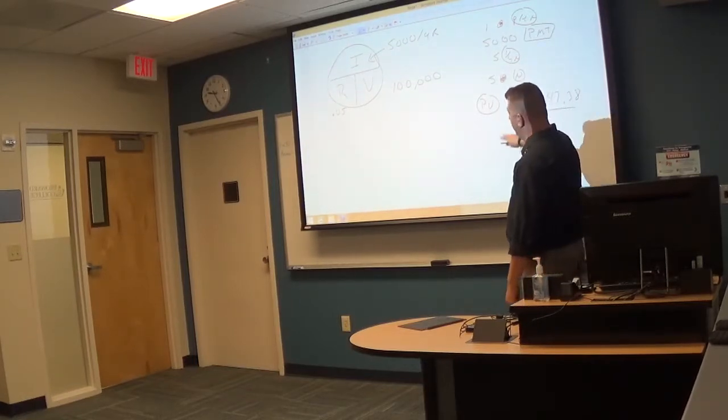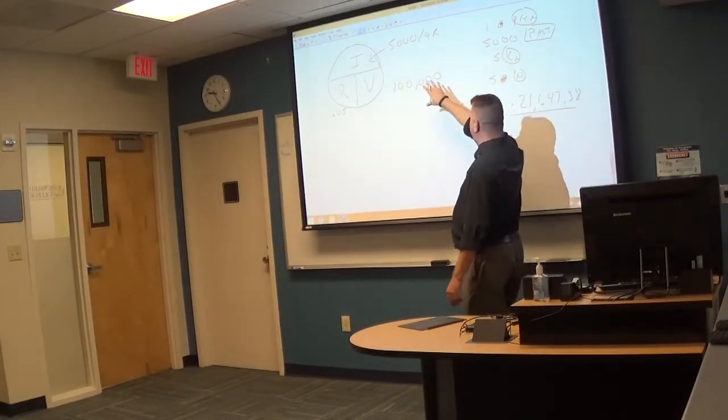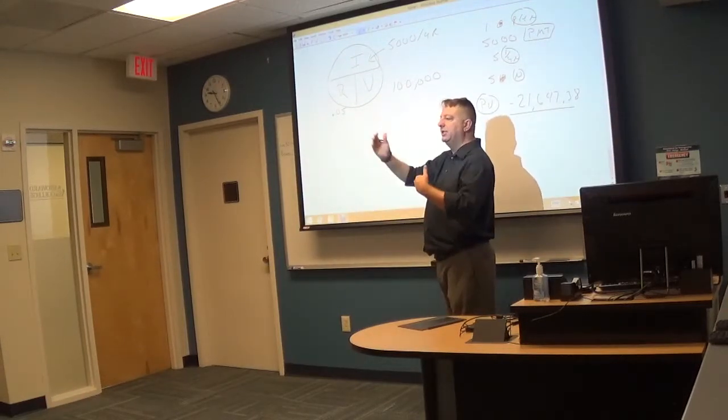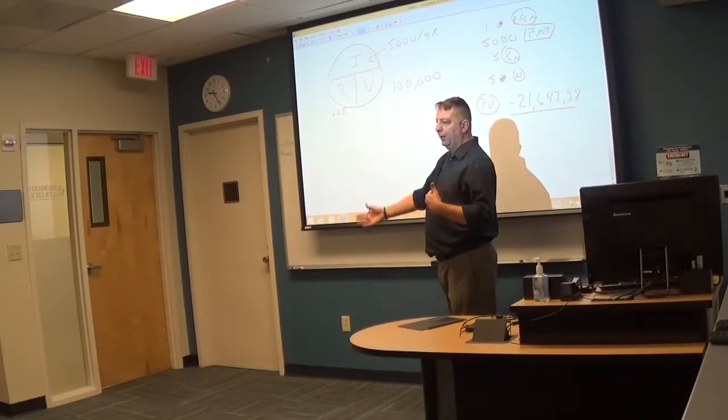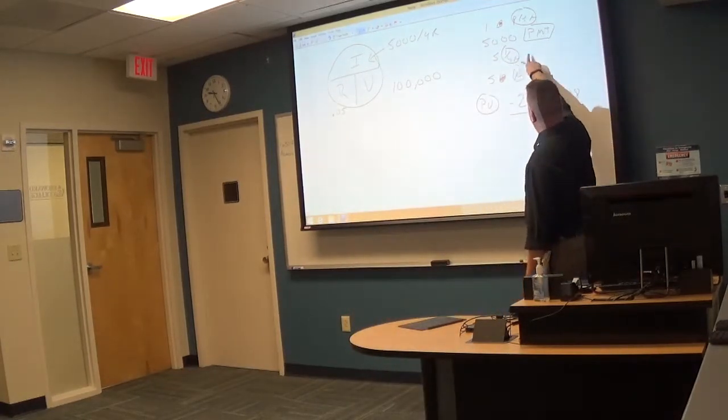Now, why is this different than this? Because this is assuming it's only a 5-year lease. This is assuming this is occurring effectively forever, a continual perpetuity, forever and a day.